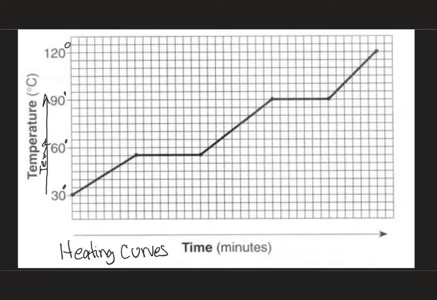And then the time in minutes on the x-axis is really what we're talking about: applying energy or a heat source. However, if we move in the opposite direction, we're talking about removing a heat source or removing heat.